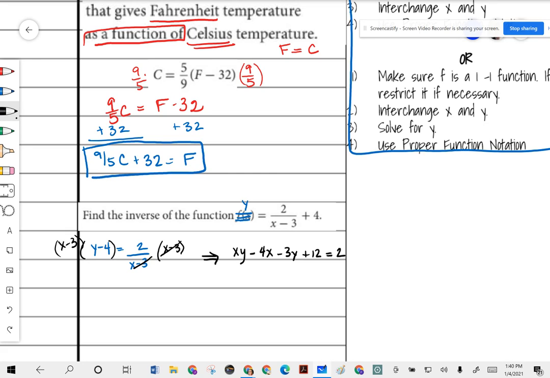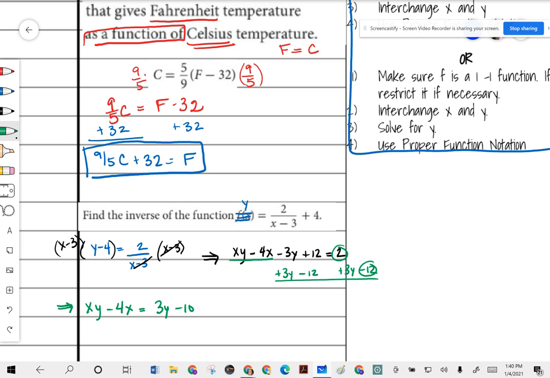Remember, I'm focusing on solving for x, so those terms need to stay, and I need to move everything else to the other side. So I'm going to add 3y and then subtract 12 to the other side, and I get xy minus 4x is equal to 3y, and I'm going to combine positive 2 and negative 12, and get negative 10.